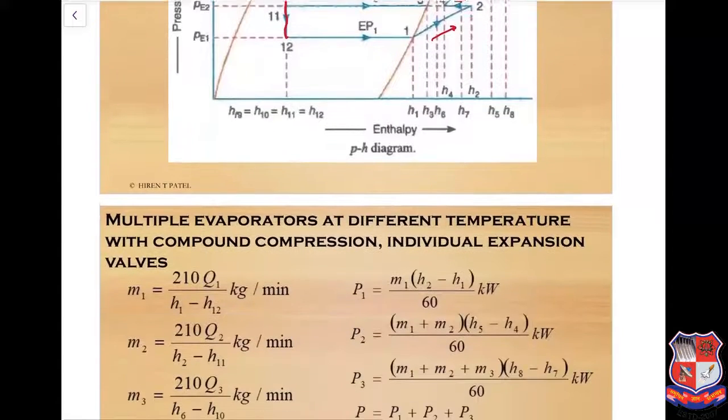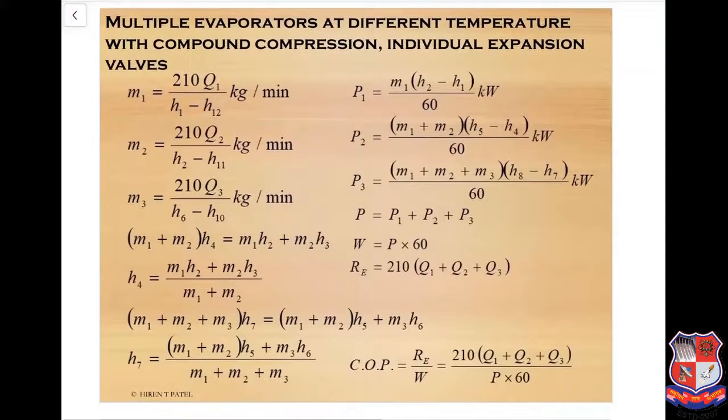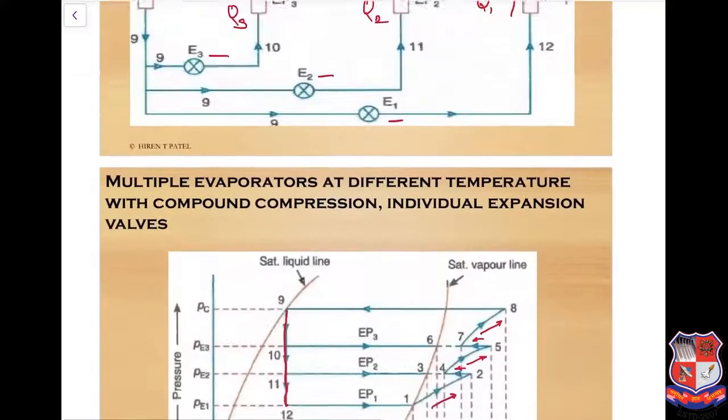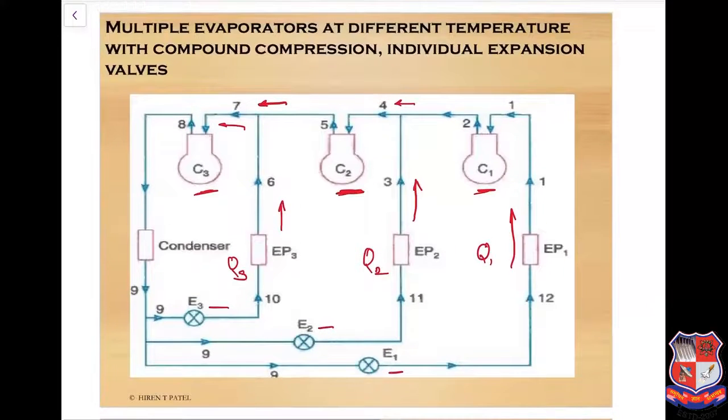So if we go for the analysis, the mass M1 will be circulated through evaporator 1, mass M2 through the second evaporator, and mass M3 through the third evaporator. So that is M1, M2 and M3.